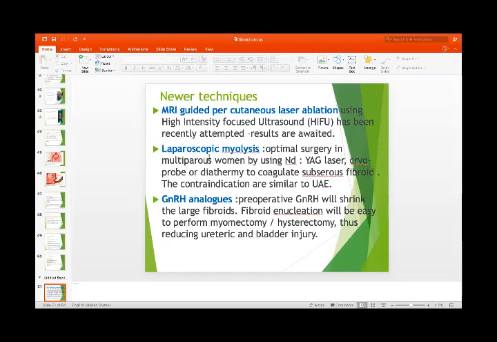GnRH analogs can be given preoperatively to shrink the size of the larger fibroids. The fibroid enucleation will be easy to perform myomectomy and hysterectomy, thus reducing the ureteric and bladder injury. So these are the newer techniques which can be employed in cases of larger fibroids.